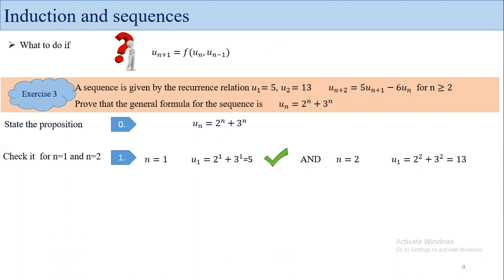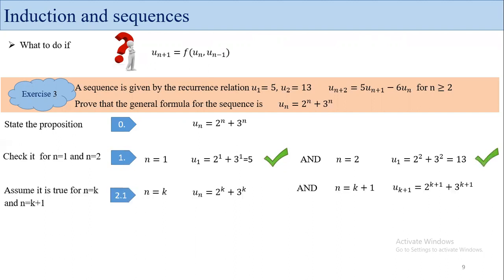So u1 is 5, and if we substitute n equal 2, u2 will be 13. So after doing that, we see that it is working. In the next step, we assume that the general relation is working for n equal k and n equal k plus 1.